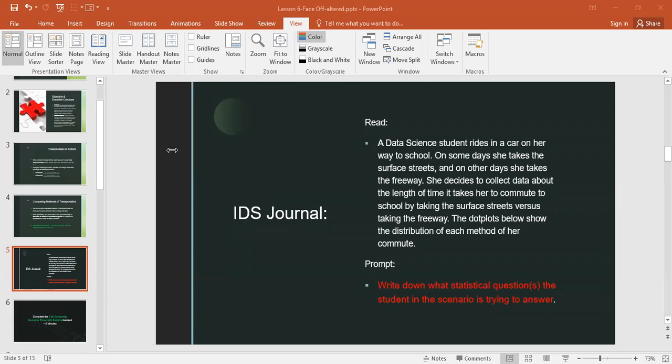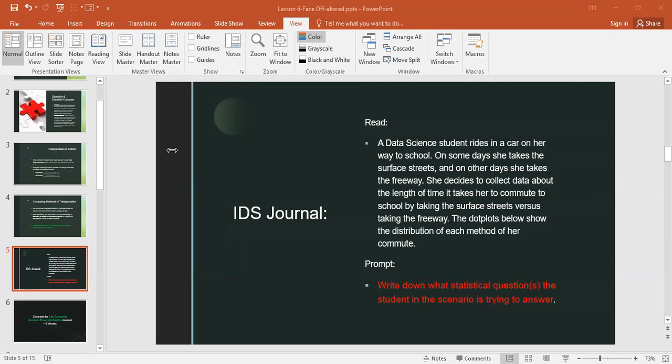Okay, which form of transport takes longer? How much more time does it take for me to get to school by the surface streets compared to using the freeway? Yeah, now we're looking at a difference comparison, right, Maddie? Very good, right?